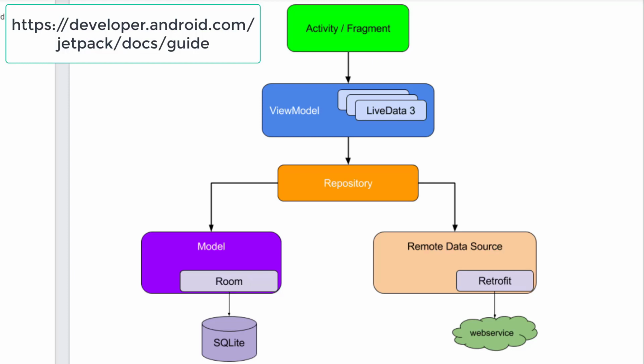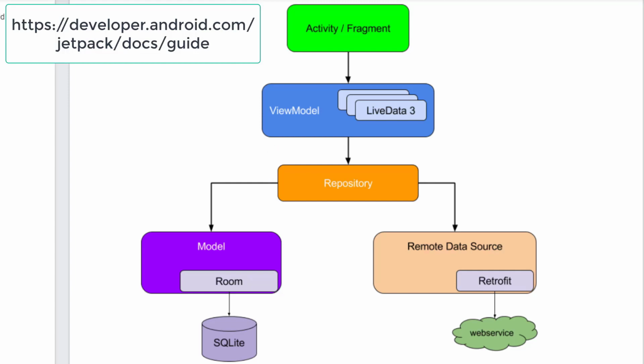For this small project, we are not going to use remote data sources. We have already created an entity class, a DAO interface, and a database class, which completes this part of the MVVM architecture. Now, during this lesson, we are going to create a repository class for this project.